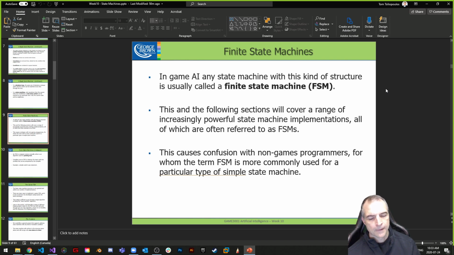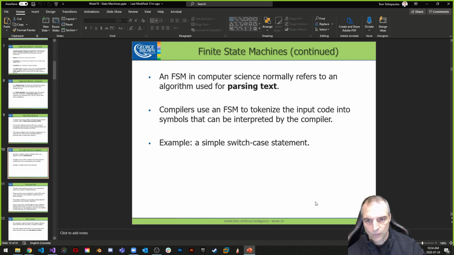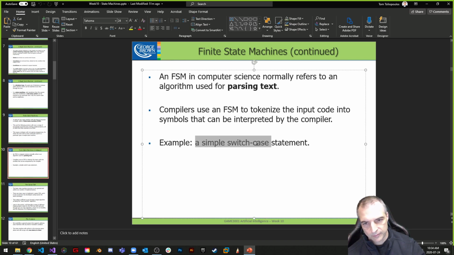Sometimes people in computer science also have something called a finite state machine, and usually it has to do with something simple. For example, parsing some kind of text, or maybe even something that looks like a simple switch case statement.